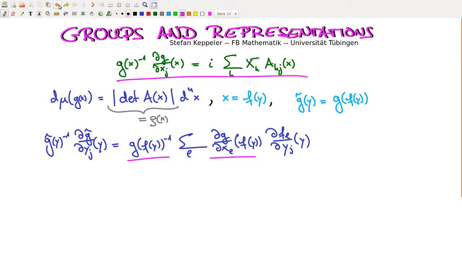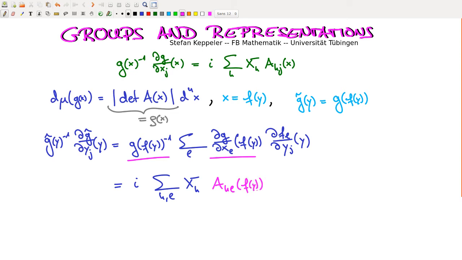We just use this equation up here and write this as i times the sum over k and l, k sum from here, l sum from the line before. Now it's xk, and for the pink thing we write a kl at f of y, and then we copy this Jacobian thing here.